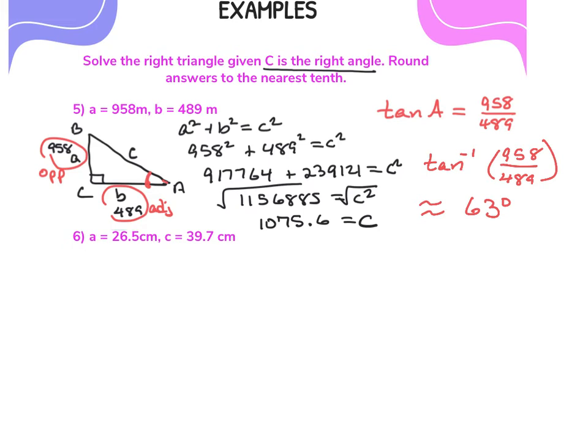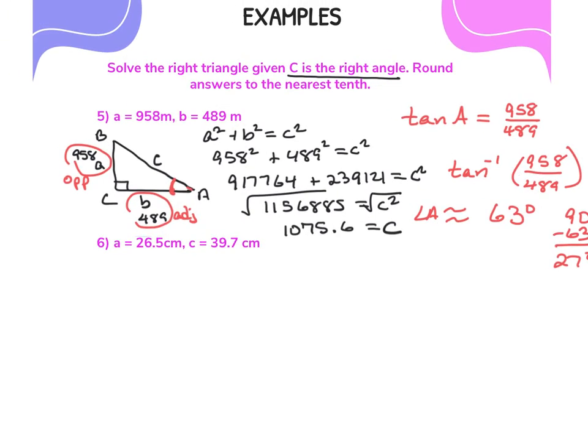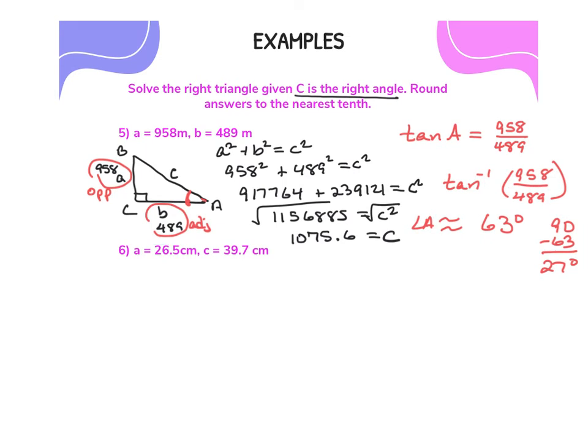Now, if you're confident in this answer, to find angle B, what we could actually just do is subtract it from 90, and we would get 27. Now, just to confirm it, let's do another trig function. Let's go back to our picture, and now let's label the sides based off of angle B. So now little b is the opposite to angle B, and little a over here is now adjacent. Again, same sides, so again I'm going to do tangent.